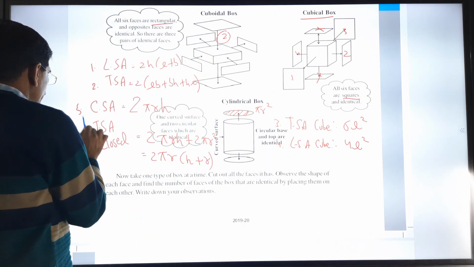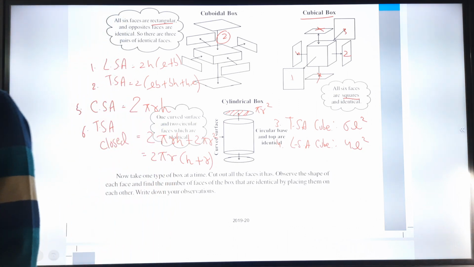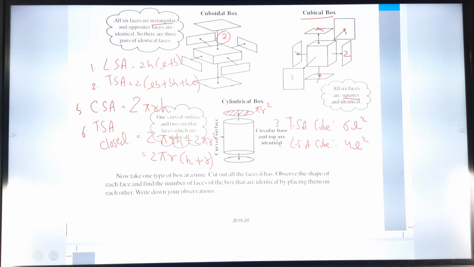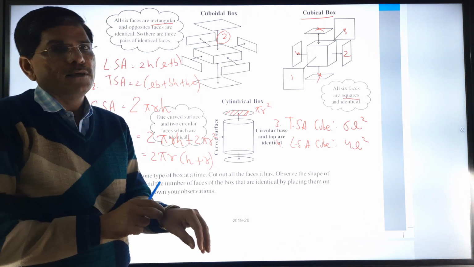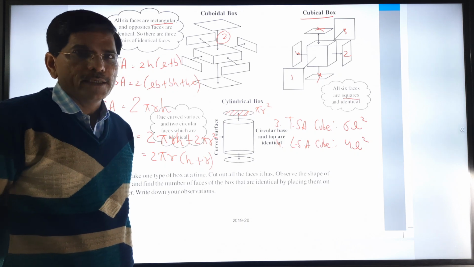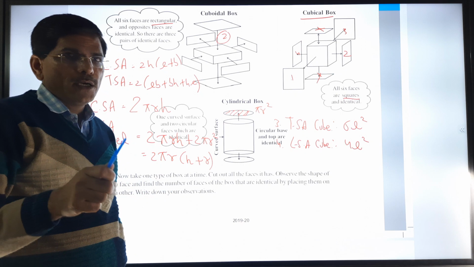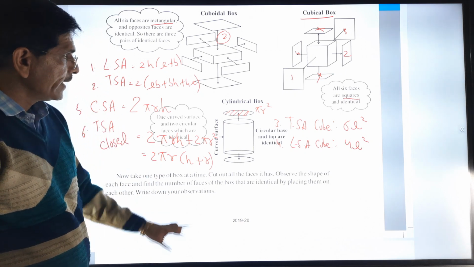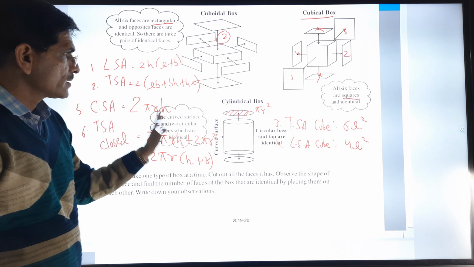Once you have written all these formulas 5 times, we go to the examples. By using all 6 formulas, we can find the lateral surface area and the total surface area.